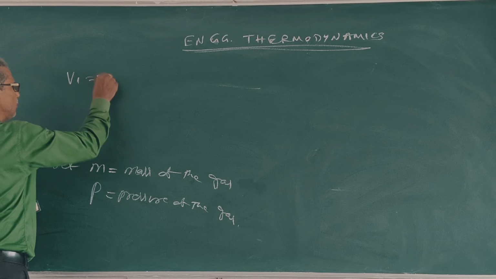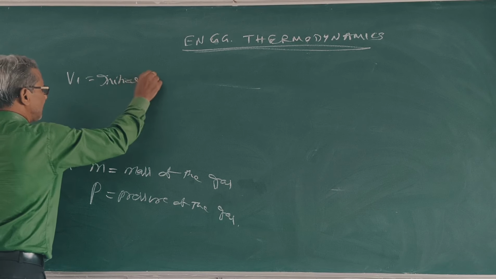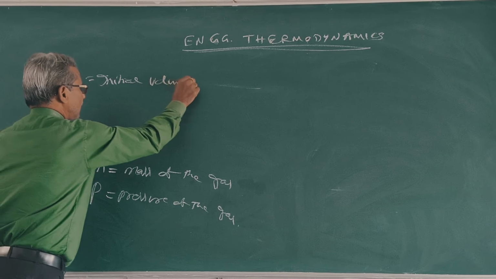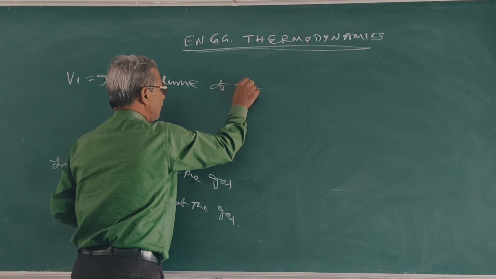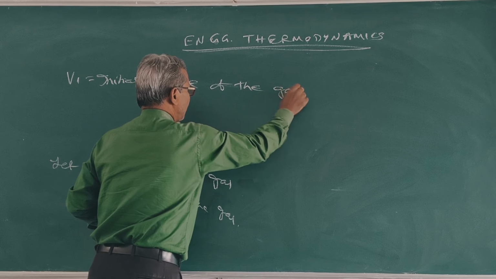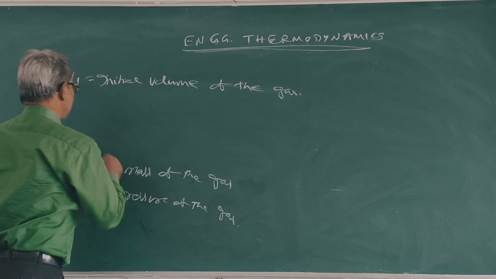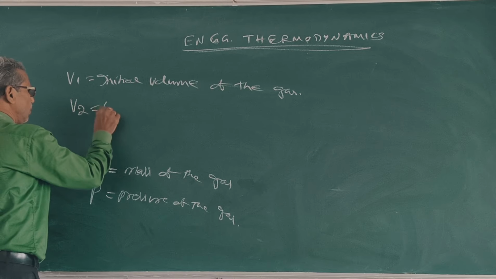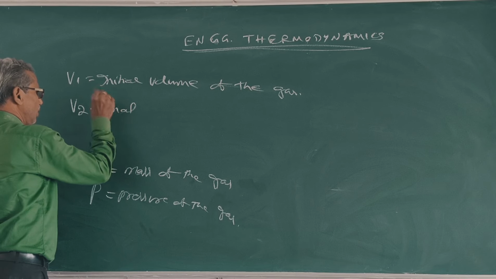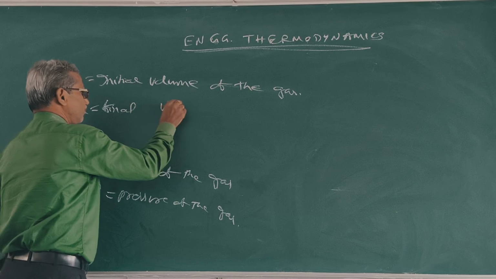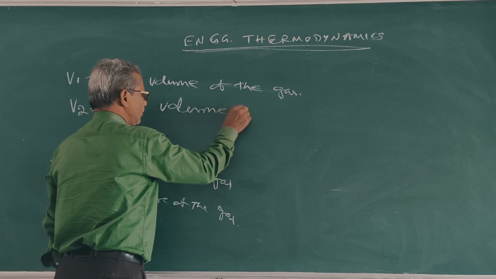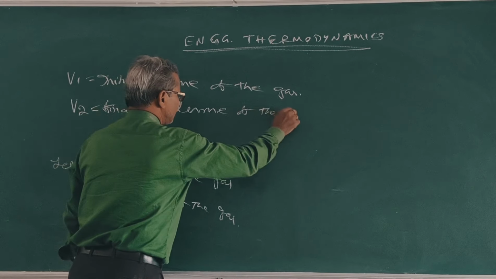V1 is equal to initial volume of the gas. V2 is equal to final volume of the gas.